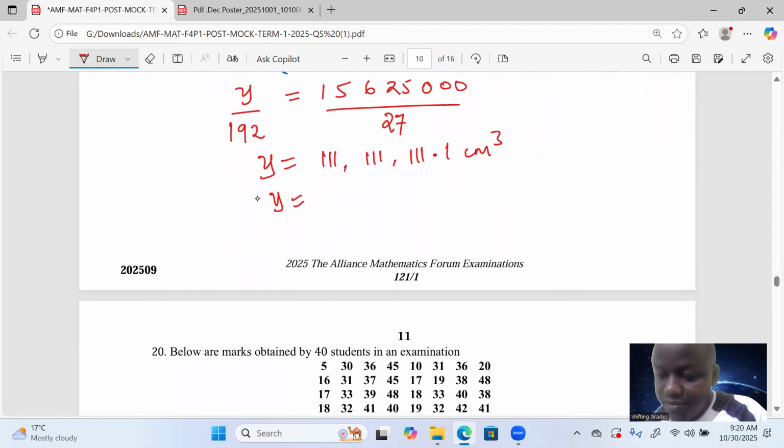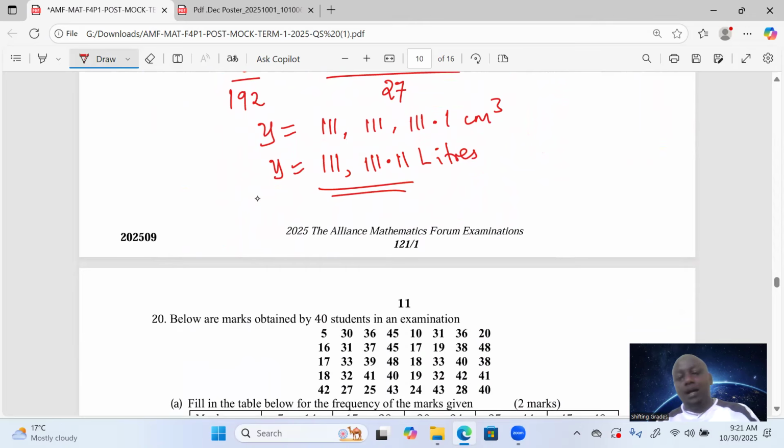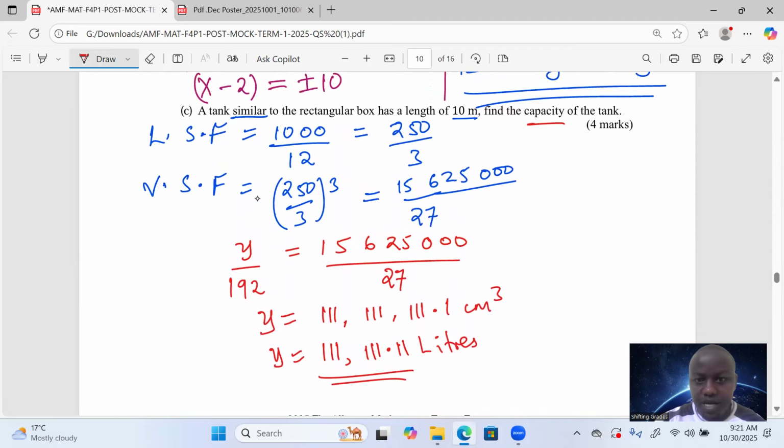So we get 100.11 liters. So this is now the capacity of the bigger tank.